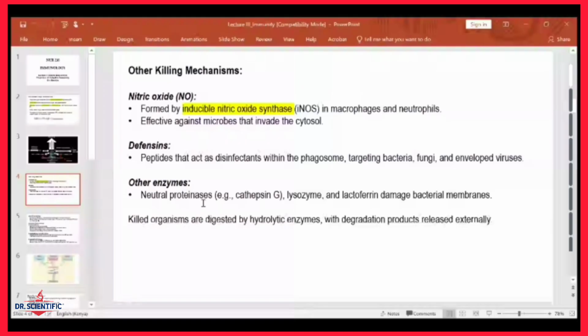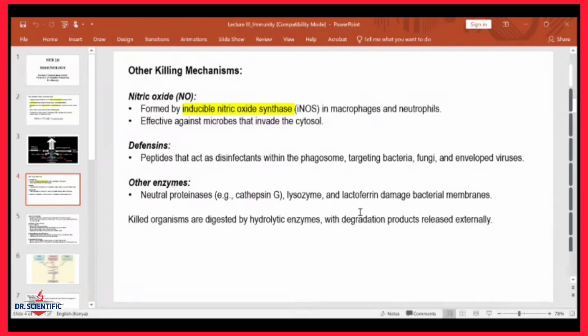Cathepsin G is one of them, which is a serine protease. Lysozymes and lactoferrin are able to interfere with the bacterial membranes. They break down the bacteria by adding water components on the membranes, and once that happens, the membranes become porous and the bacteria is able to die.